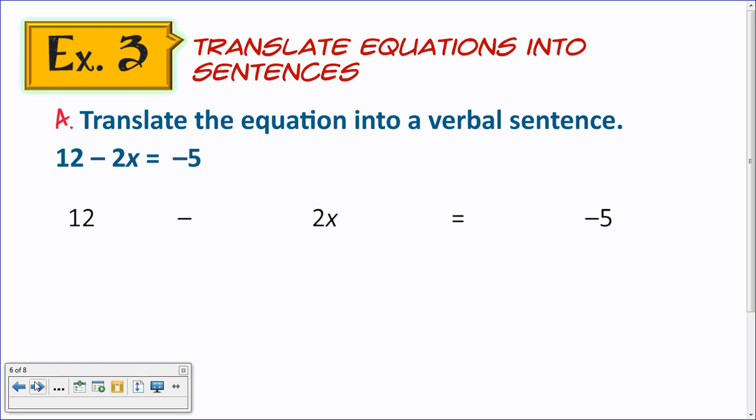Example 3. Translate equations into sentences. We're doing basically the same thing, only going in the opposite direction now. When I do these, I like to spread it apart. Notice how it's spread out, and I write right underneath it. What would I put for 12?